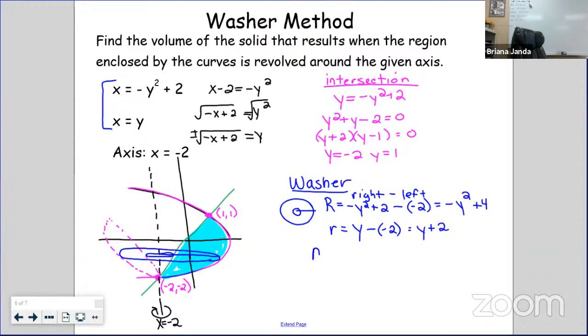So then our area, and again, I would leave this just as is and not deal with cleaning it up. Big radius squared minus small radius squared. Big radius being -y squared plus 4 minus small radius y plus 2 quantity squared.